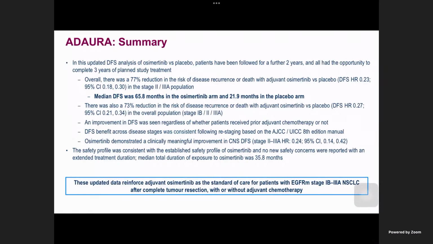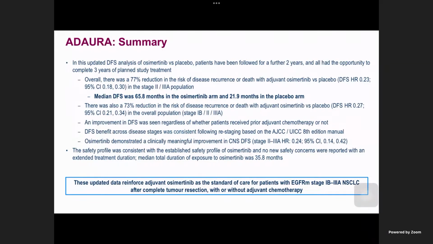So there was improvement in DFS regardless of whether the patient had received prior chemotherapy or not. And the DFS benefit was consistent across all the stages, stage 1B, 2, 3. And there were advantages in terms of CNS DFS also. And again, the safety, we all know with our daily experience, the side effects are very well manageable over a period of time.